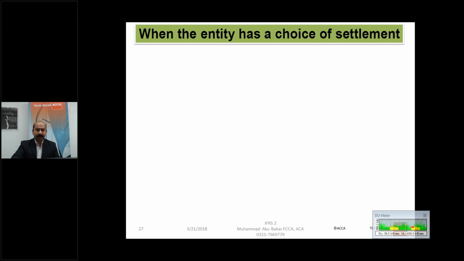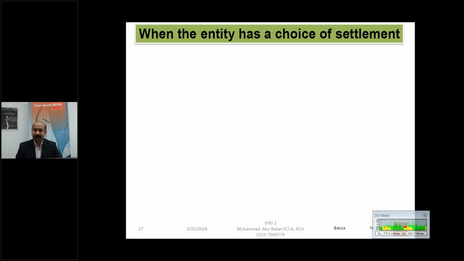Now we are going to discuss when the company has the choice of settlement. The concept is very simple. The question is, should the company in this situation treat this as an equity settled share-based payment or a cash settled share-based payment?